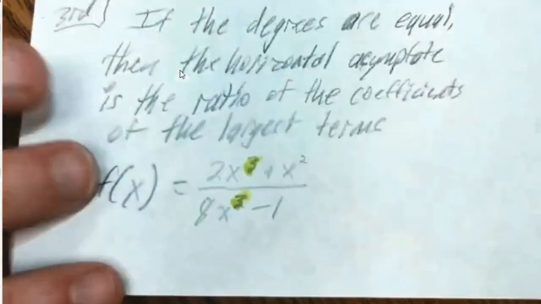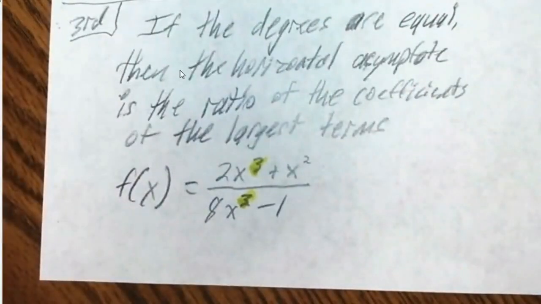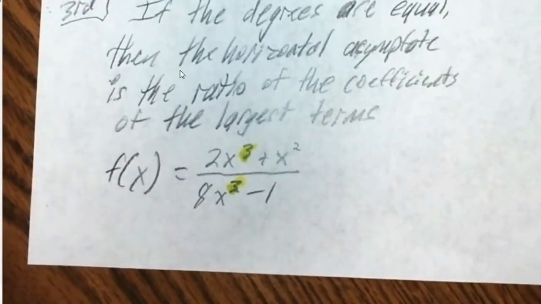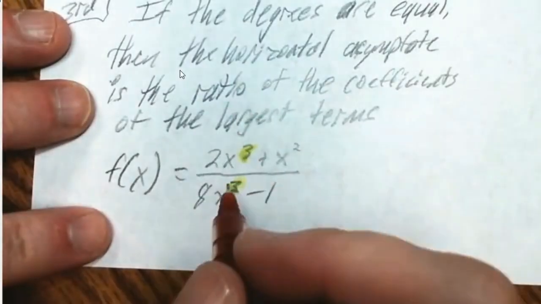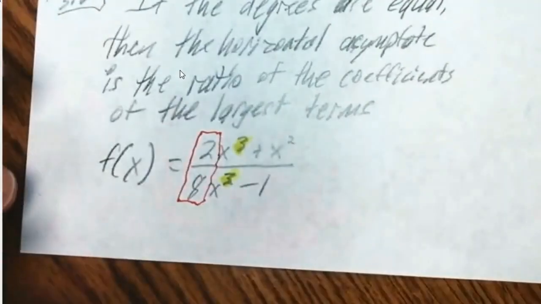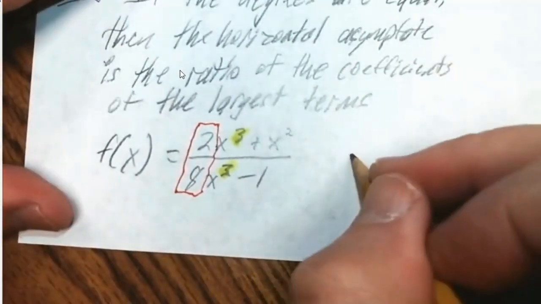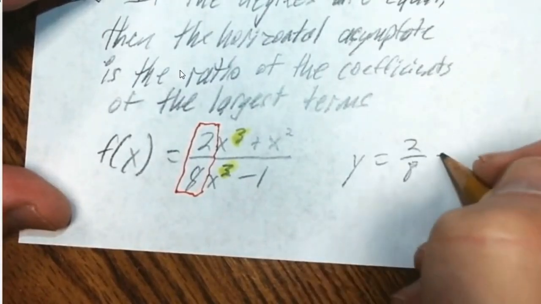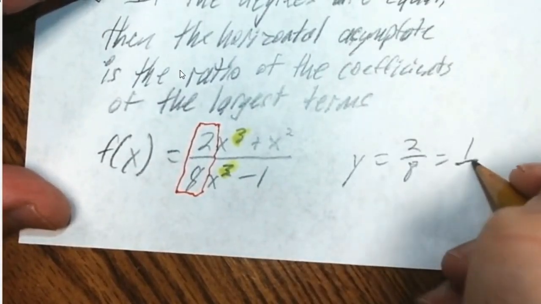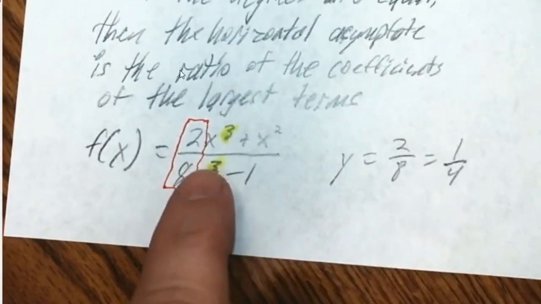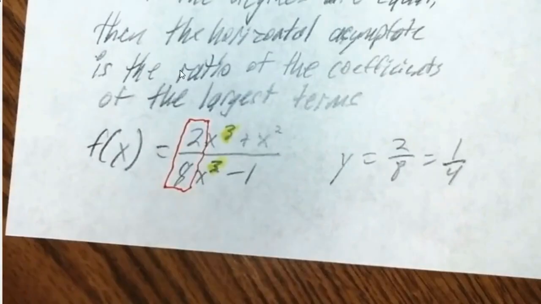These are both third degree polynomial expressions. So in that case, this is the largest term. We take the ratio of the coefficients. So the asymptote is y equals 2/8, which of course we simplify to 1/4. That would be the horizontal asymptote. If they're equal, we just take the coefficients and set them up as a fraction.